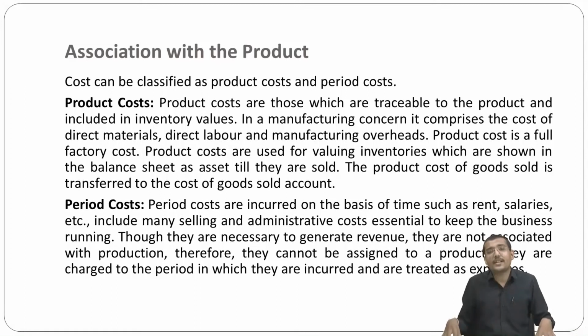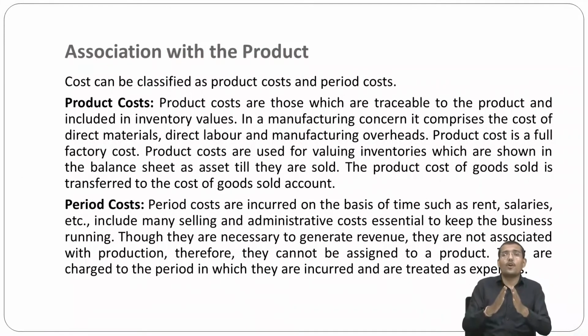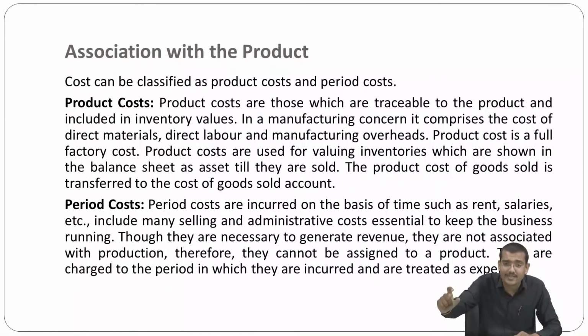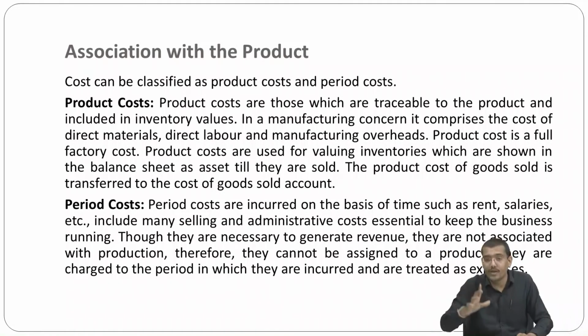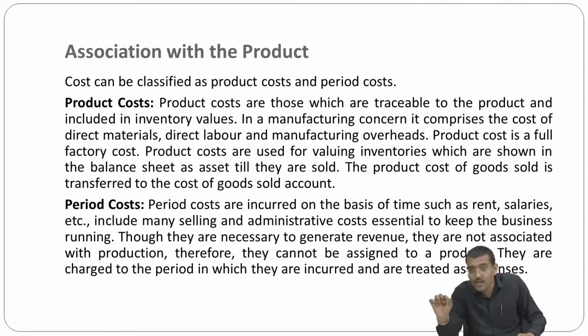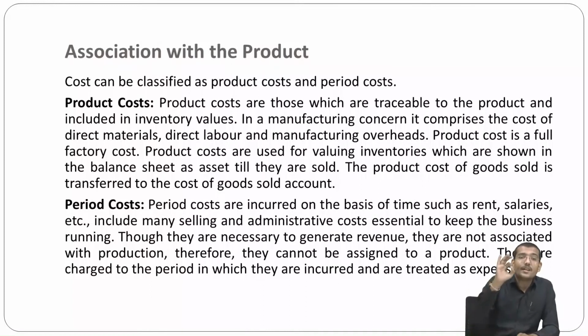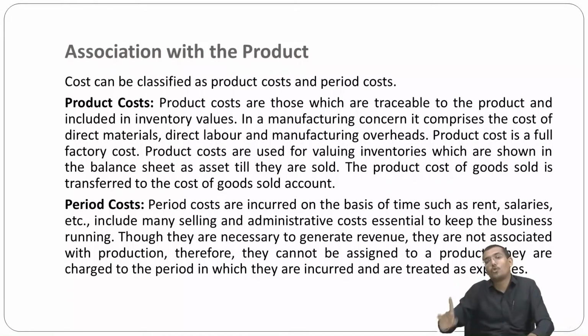In a manufacturing concern, it comprises the cost of direct material, direct labor, manufacturing overhead, etc. And thus, the product cost is a full factory cost. The product costs are used for valuing inventory, which is shown in the balance sheet as assets till they are sold. So the product cost of goods sold is transferred to the cost of goods sold account.